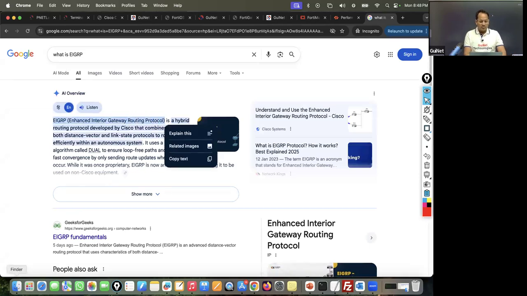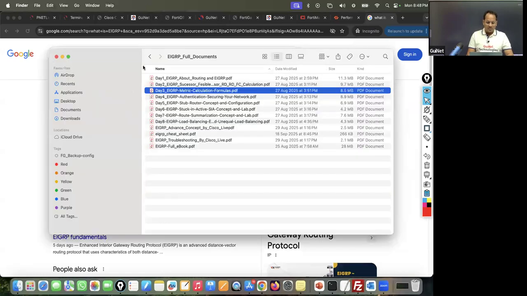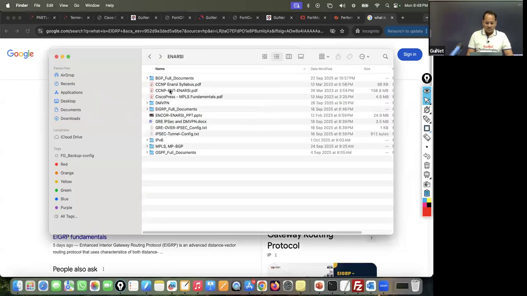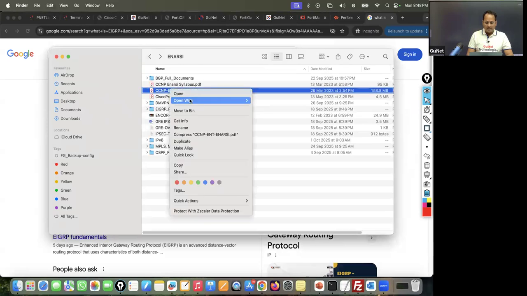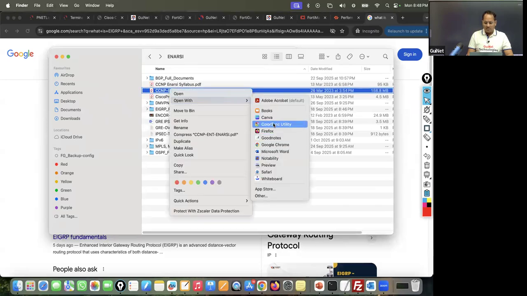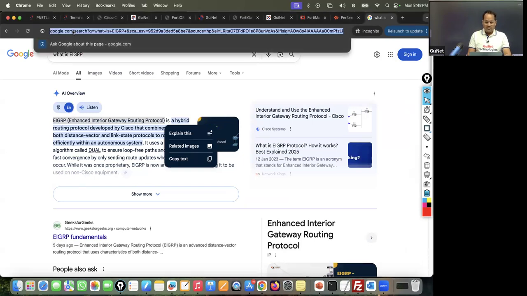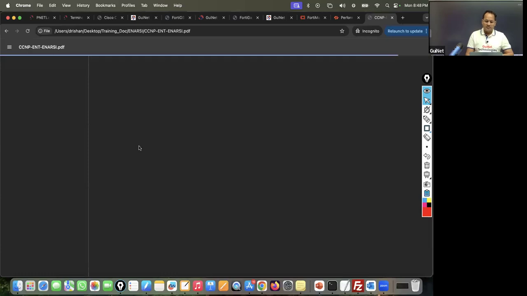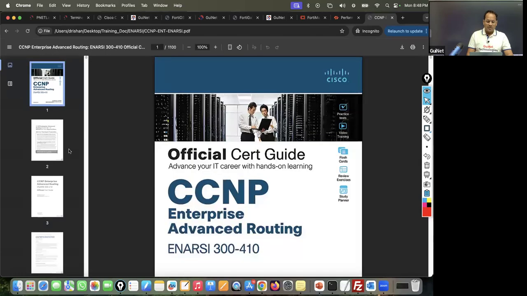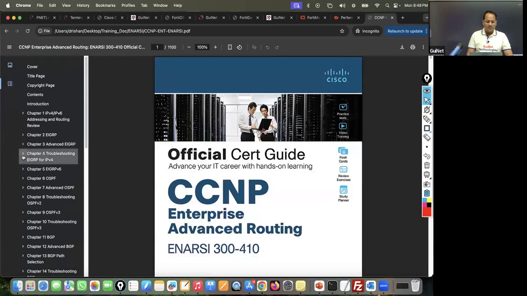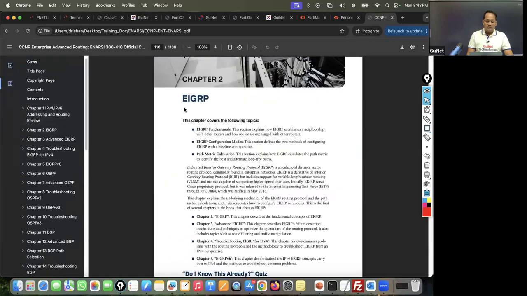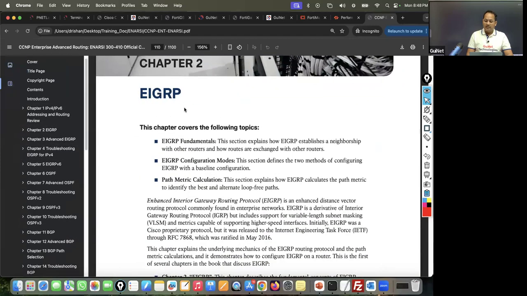So if I just open one of the book as well, hold on. So if you go here, let me open the EIGRP book. Let me, so you guys are going to get some good idea. Hold on. Okay. So we are going to start, that is the official module, because we have to talk about. So this is the EIGRP fundamentals we have to discuss.